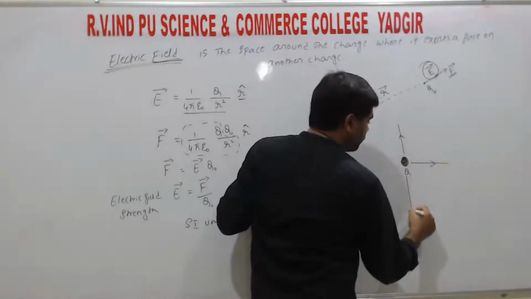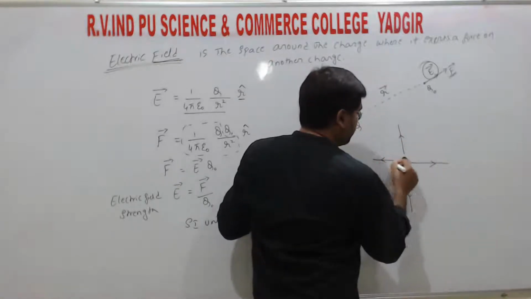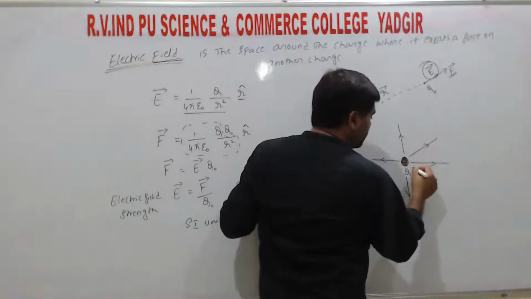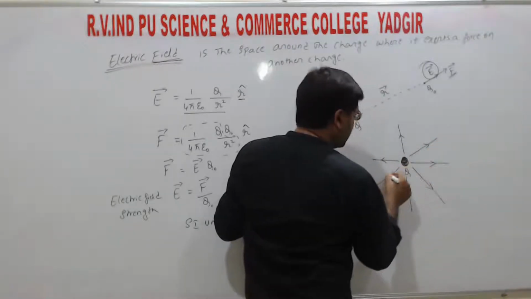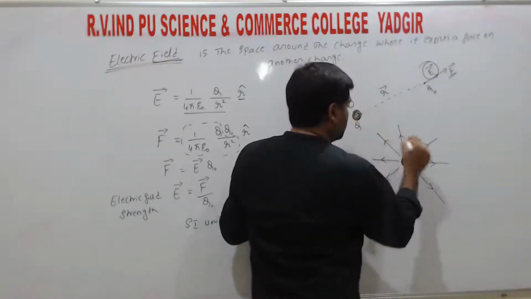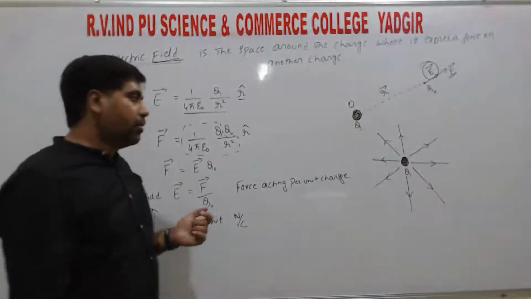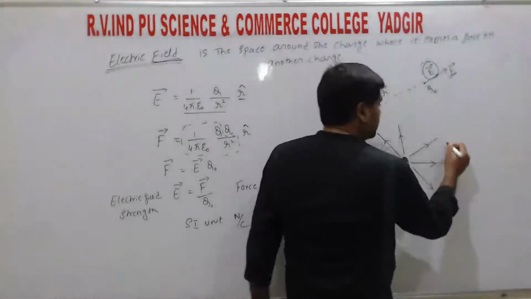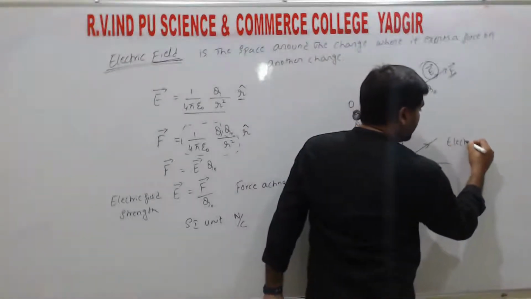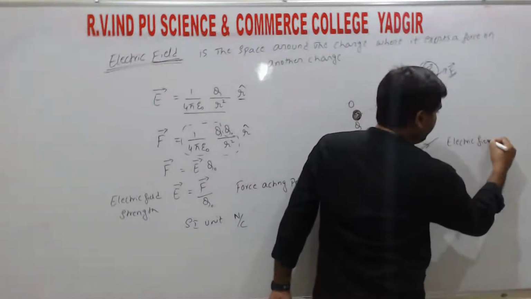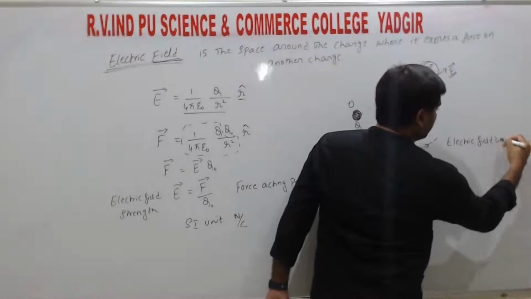In space, the electric field lines are in three dimensions. That means in all directions it exerts the field, right? So these lines are the electric field lines.